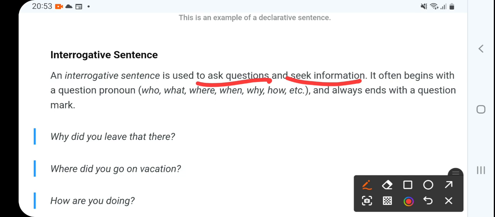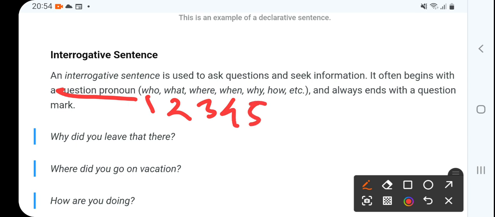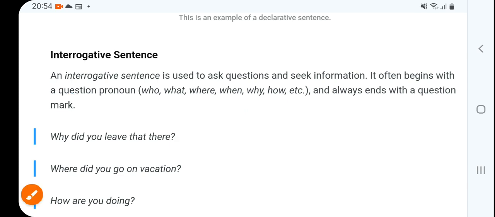It often begins with a question pronoun, such as who, what, where, when, why, how, etc. And it always ends with a question mark.